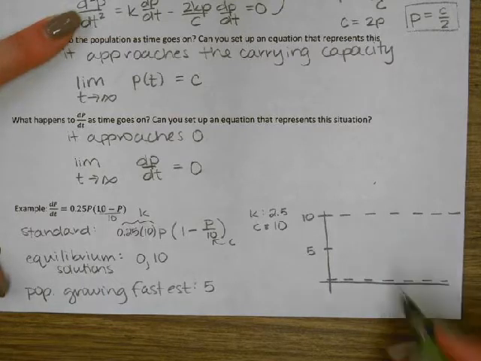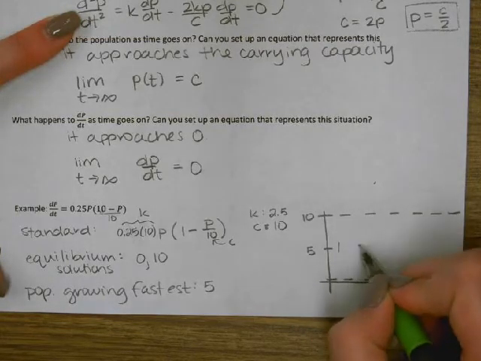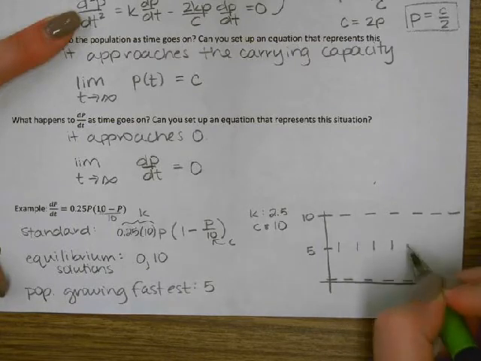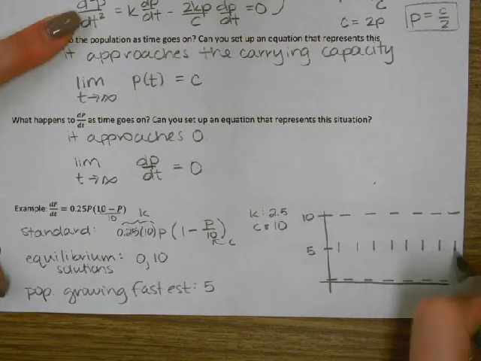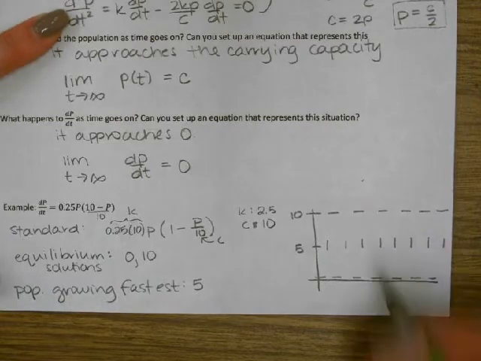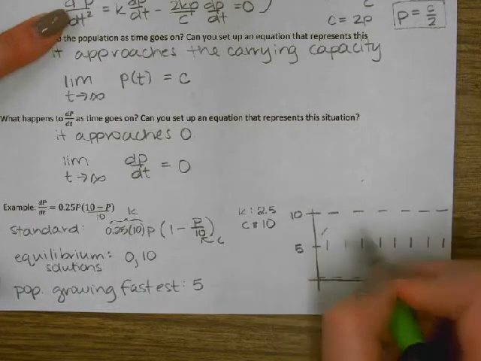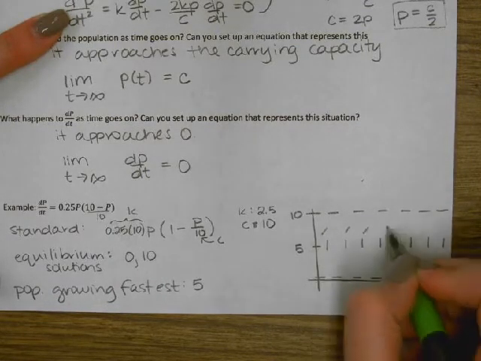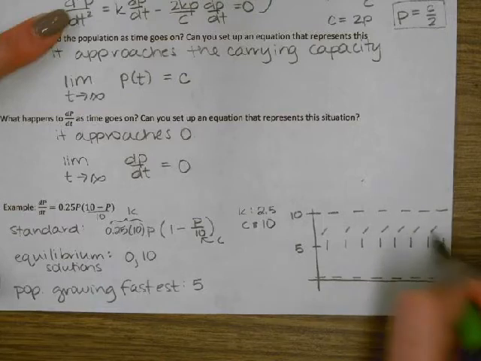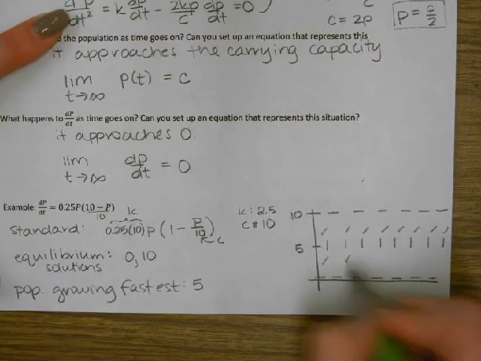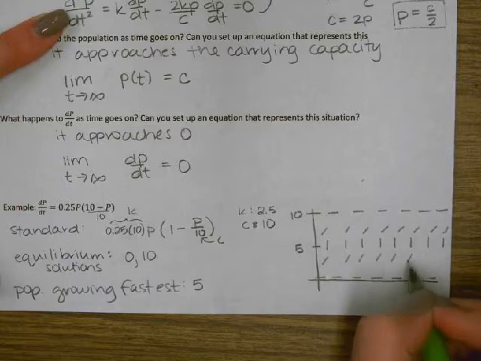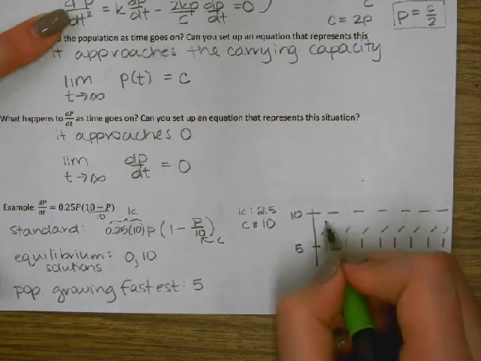And then when we look, we're going to see the very steepest slope right here for drawing our slope field, and then we're going to see slopes that are less steep here, and even less steep here.